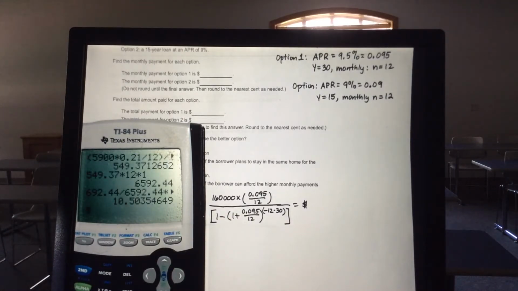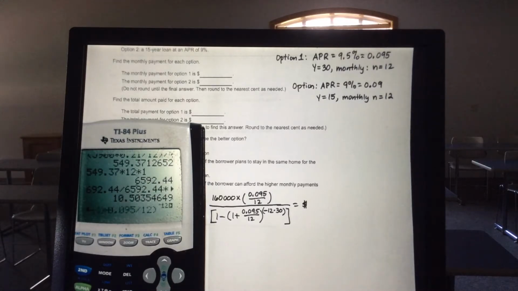If I type all this in, left parentheses, 160,000 times, left parentheses, well, actually I don't need that, 0.095 divided by 12. Close parentheses. And then divided by, and then left parentheses, 1 minus, left parentheses, 1 plus 0.095 divided by 12, close parentheses, press the hat key, and then negative 12 times 30.